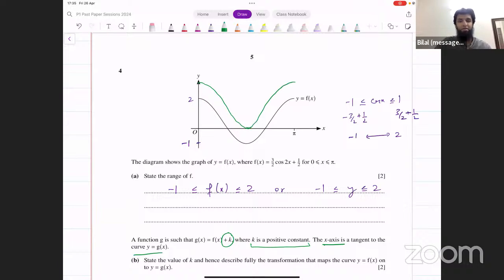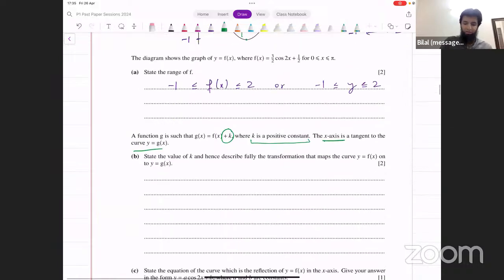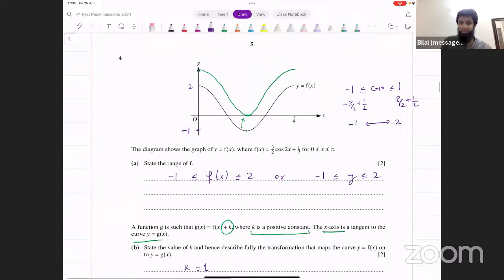How many units has the graph moved upwards? The lowest point at -1 has moved to 0. That's 1 unit upwards. So what's the value of k? The value of k, therefore, should be 1, because that is when the x-axis becomes a tangent to this curve.